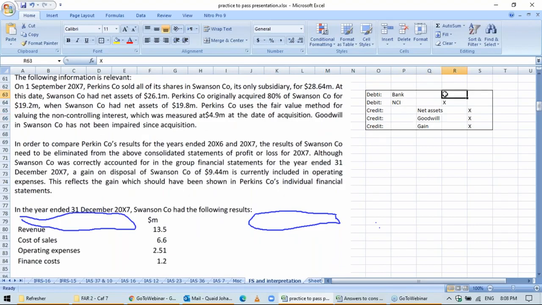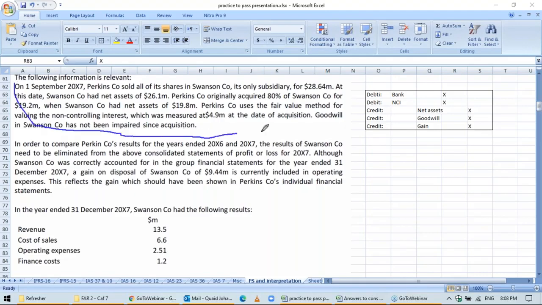And bank, I know how much cash is received. Just watch what has happened. Read these two paragraphs which I am highlighting right now. This one on 1st September 20x7 and this one. But just go through the first paragraph only. You will get the figures from there.